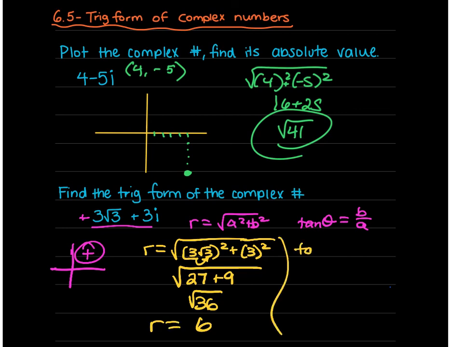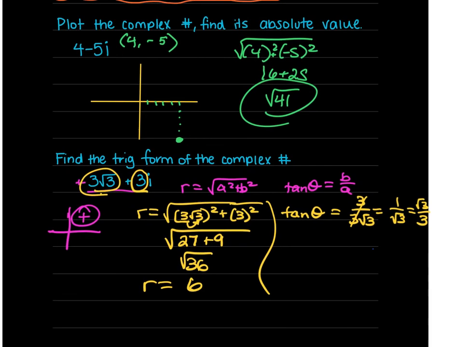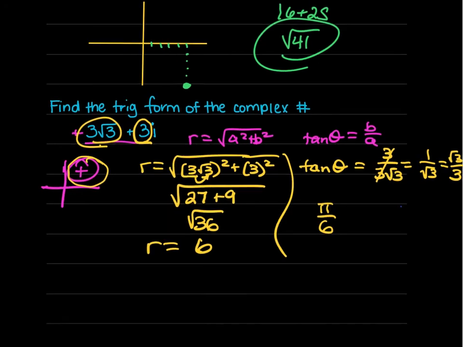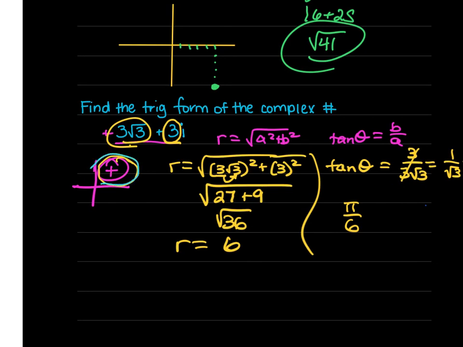Then the tangent of theta is b, which is just the 3, over a, which is 3 root 3. And this becomes 1 over root 3, or root 3 over 3. And then again, if you think back onto your unit circle, my root 3 over 3s are at my pi over 6s. And because I want it to be in that first quadrant and it's positive, I'm going to pick pi over 6. Technically, just the positive tangent would lie in both the first quadrant and the third, which means pi over 6 and 7 pi over 6.